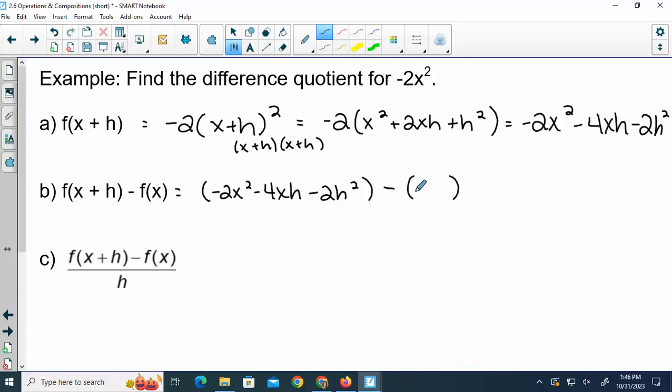Negative 2x squared. The original. So if we minus a negative, that would be plus. So when we combine like terms, the negative 2x squared and positive 2x squared cancel. So negative 4xh minus 2h squared.